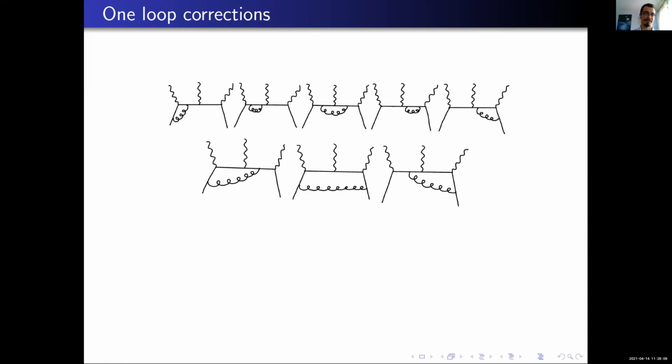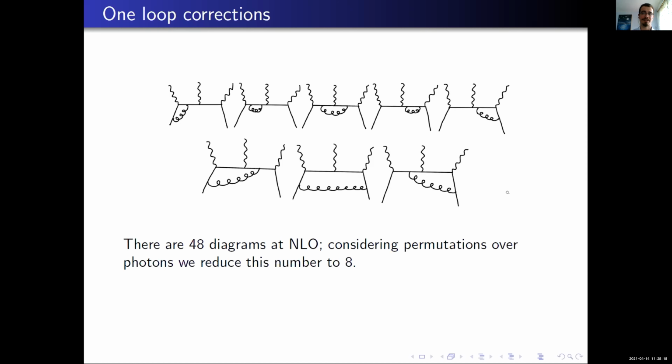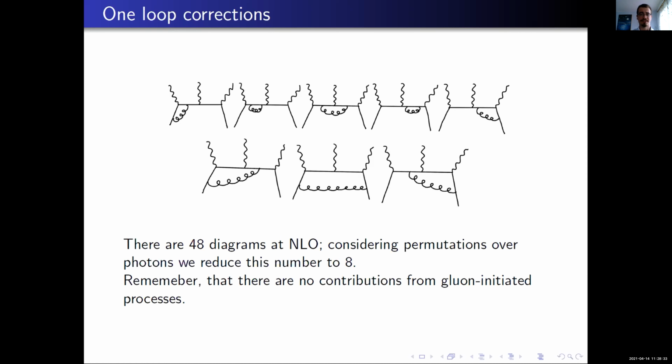So let us finally move to one loop corrections. We have the following diagrams. There are 48 of them. However, if we consider permutations over photons, then we can reduce this number to 8. Remember that because of charge symmetry, there are no contributions from gluon-initiated processes in this case.